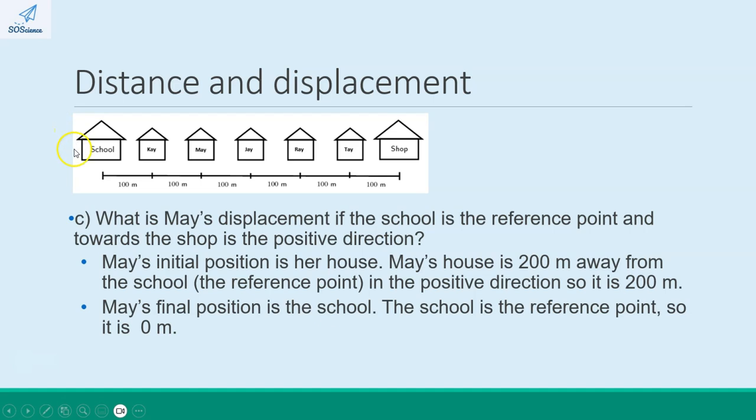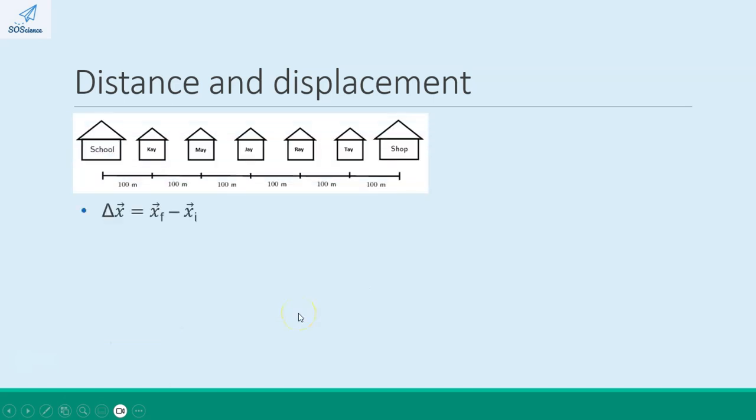May's final position is the school being the reference point. So that point is 0 meters. So now we can plug those values into the equation. Delta x equals xf minus xi, which is 0 minus 200. So we get an answer of negative 200. Now recall that a negative value is there to indicate direction. So in this case, it is the negative direction.